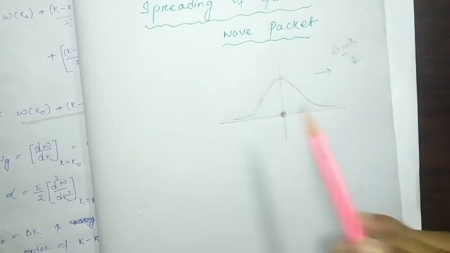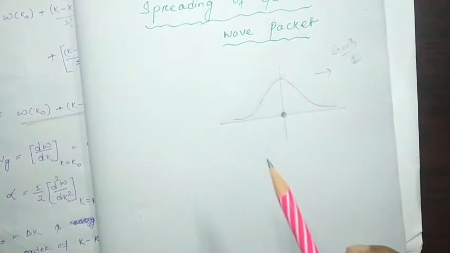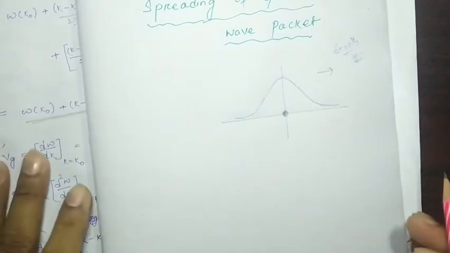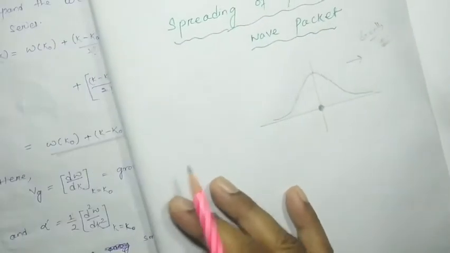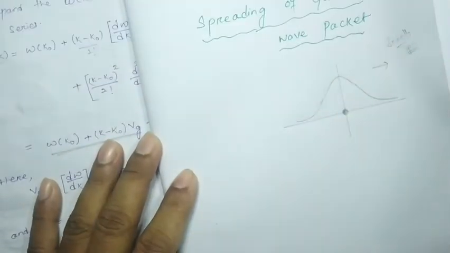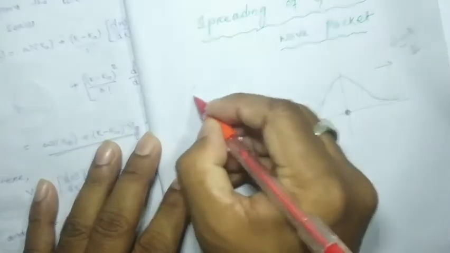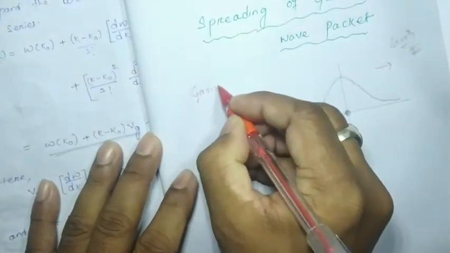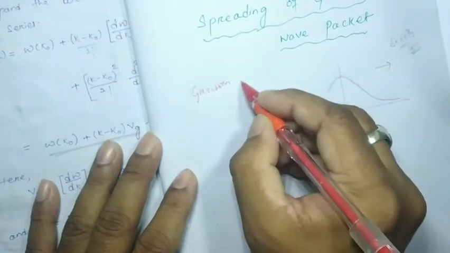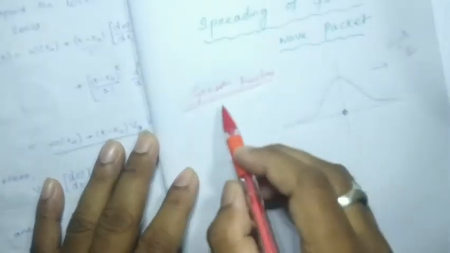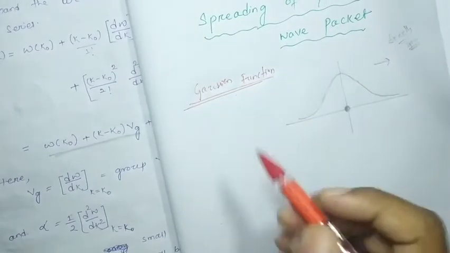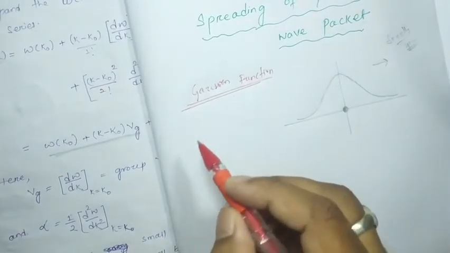This peak will be represented in general by a famous, well-known function, that is the Gaussian function.